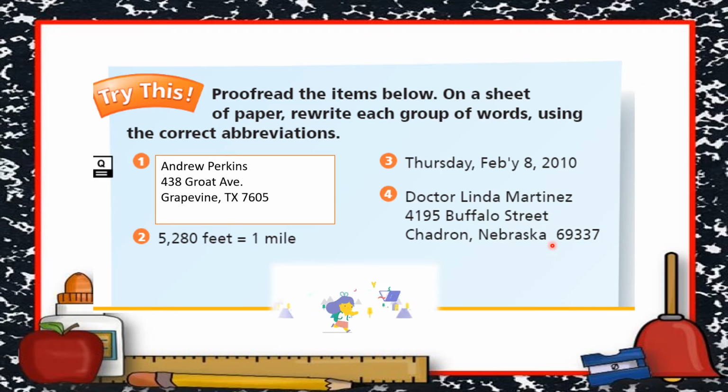So you can refer to the previous slide, or you can go back to the video a bit so that you can find the correct abbreviation for units of measurement, for days and months of the year, for titles of a person, and also names of street, and how to abbreviate states properly.